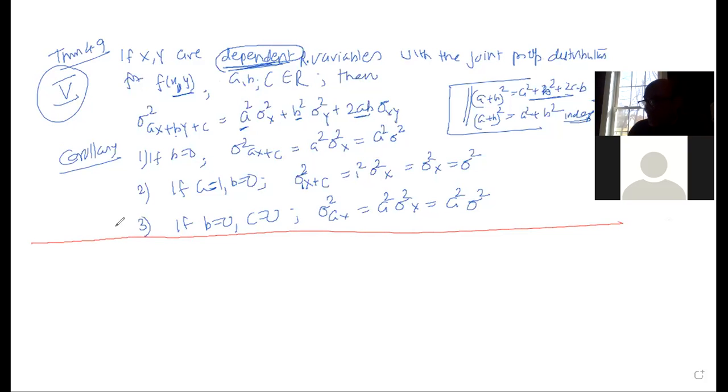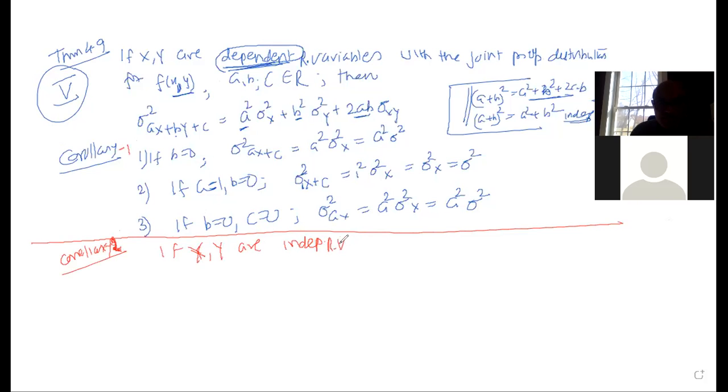So suppose I have another corollary. I would say this is corollary 1, and now corollary 2.